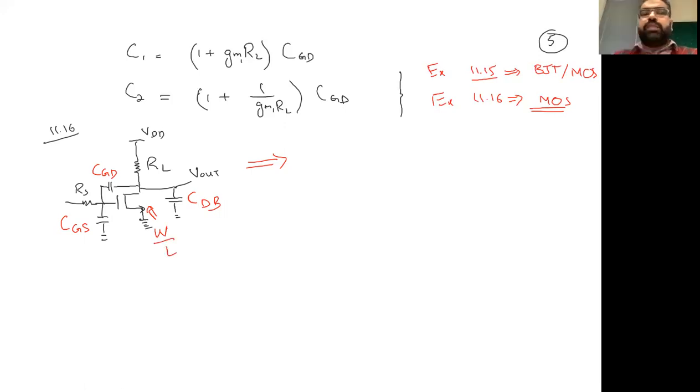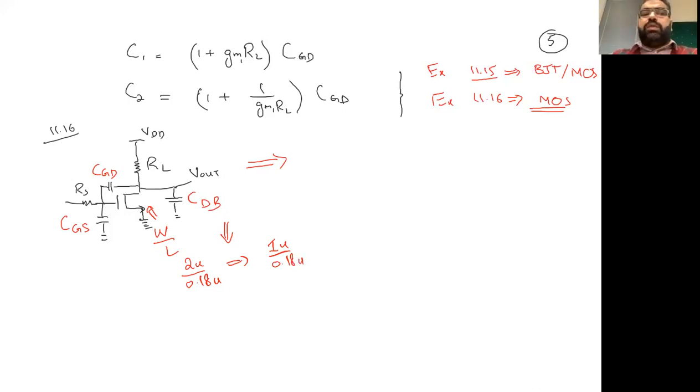They are saying the student by mistake has reduced the width by 2. If initially it was 2 micron by 0.18 micron, the mistake made it 1 micron by 0.18 micron.